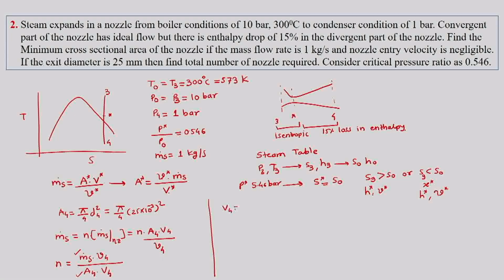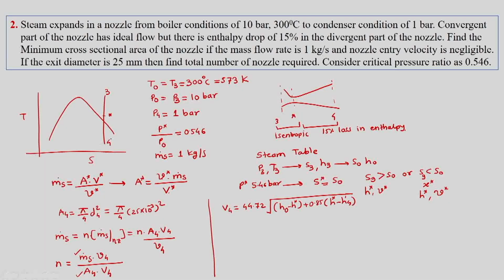First, V4, I can think how to find out V4. The formula is 44.72 into the square root of H naught minus H star. This flow is isentropic, so it is square root plus 0.85 into H star minus H4 dash.